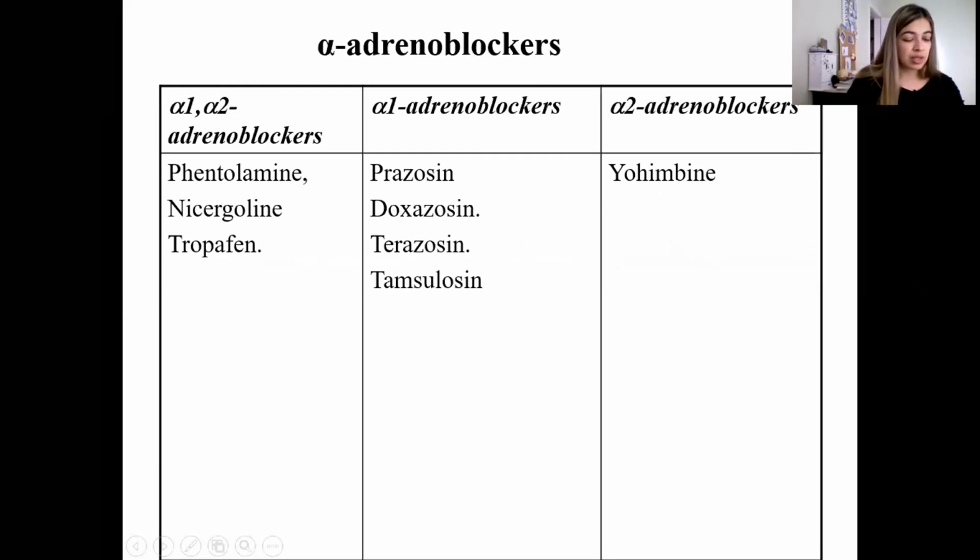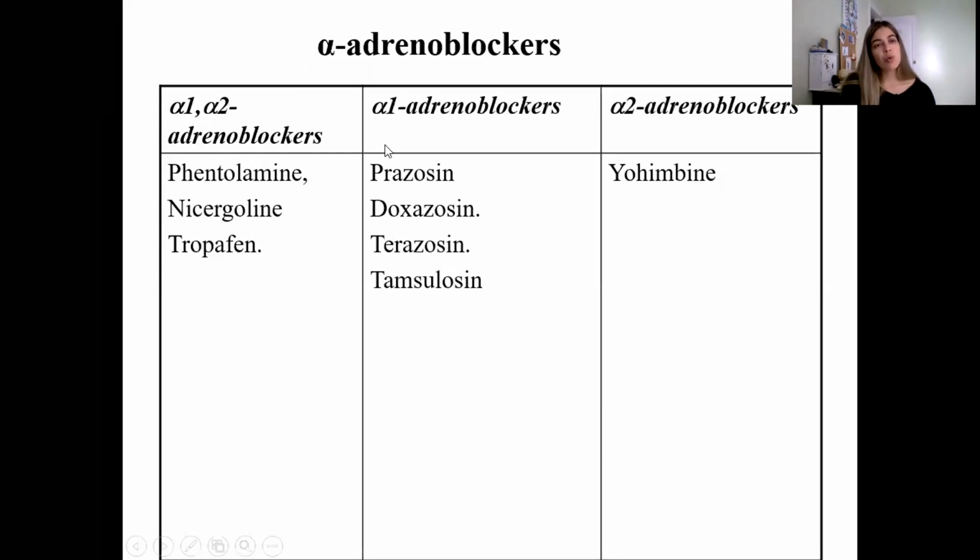What can the adrenergic blockers be? As we have already discussed for the drugs which stimulate adrenergic receptors, we have some selective drugs and non-selective ones, which don't select the receptors on which they will work. They affect both alpha 1 and alpha 2, if we are talking about alpha adrenergic blockers. The examples are here: phentolamine, nicergoline, tropodifen.